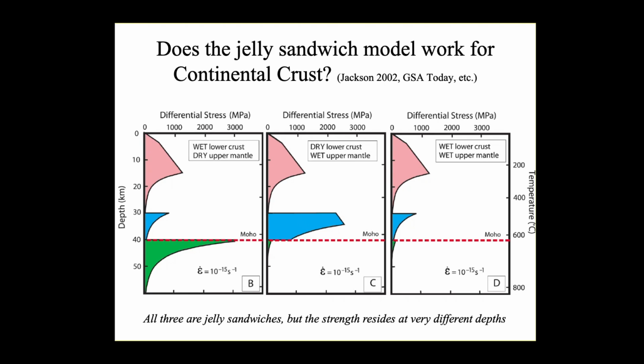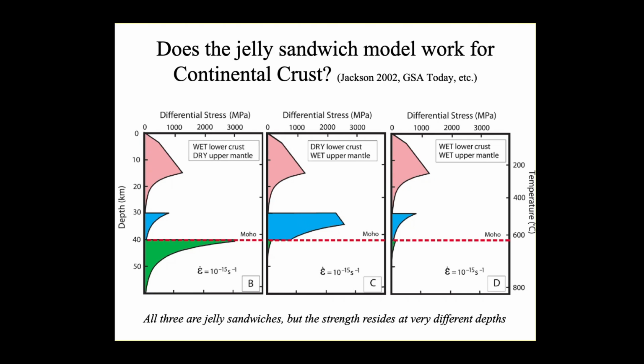In the one on the left, we've got wet lower crust and dry upper mantle. You can see all the strength in the upper mantle, the green. And the one in the middle is dry lower crust and wet upper mantle. And there you see a lot of strength in the lower crust that you didn't see on the left.